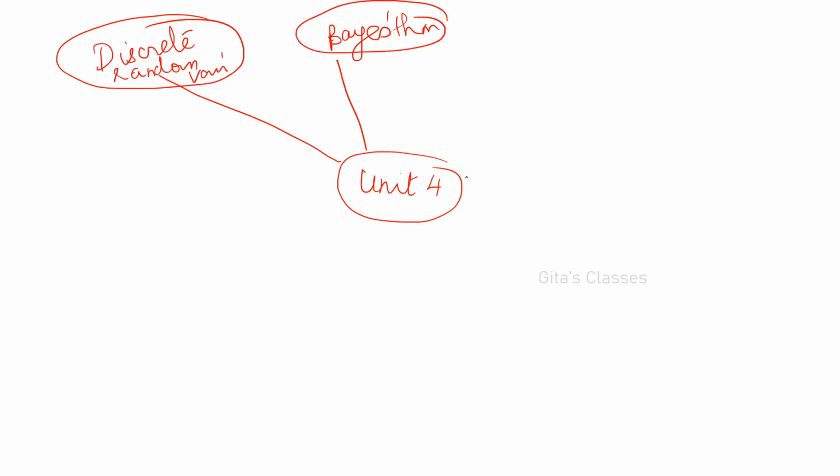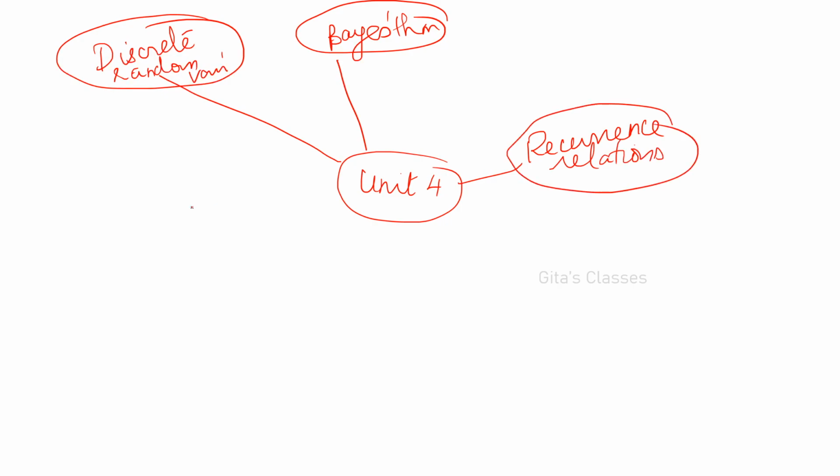Then we have recurrence relation. Then we have principle of inclusion and exclusion.